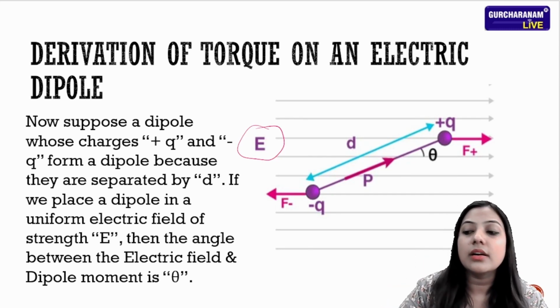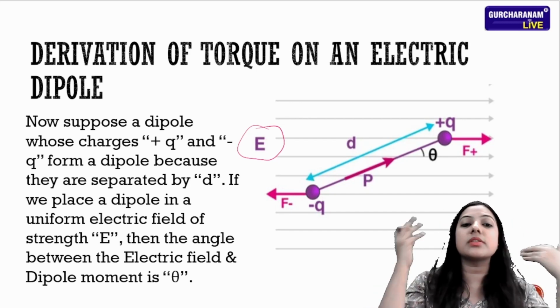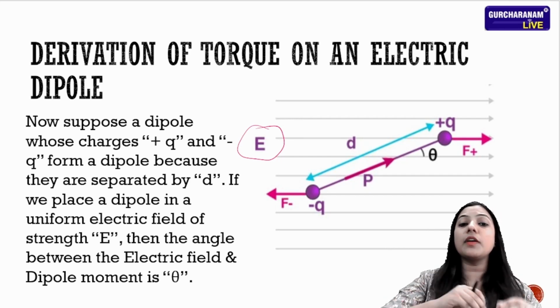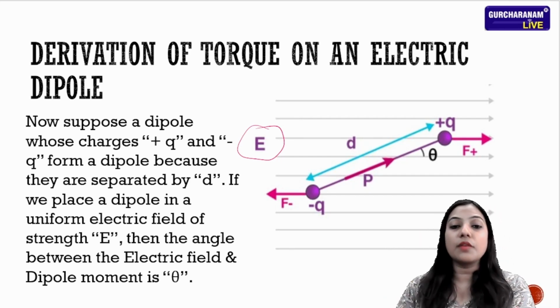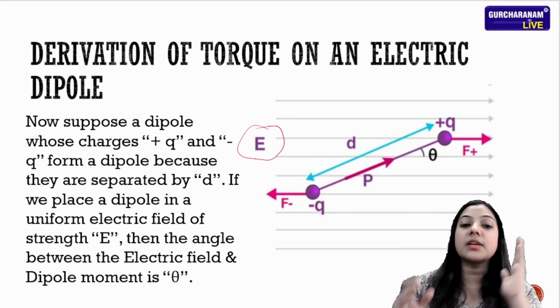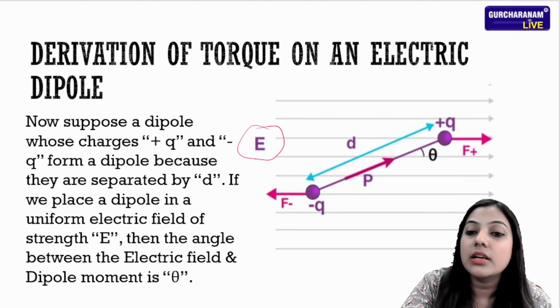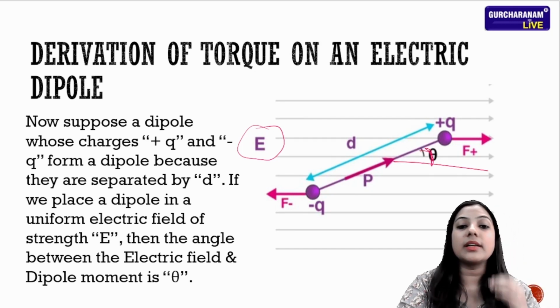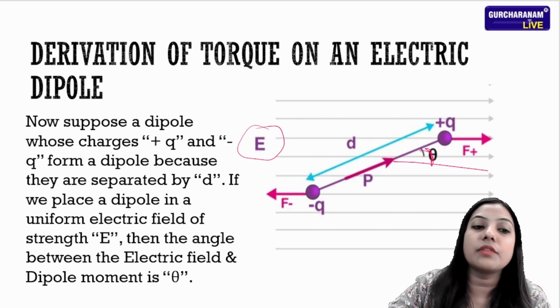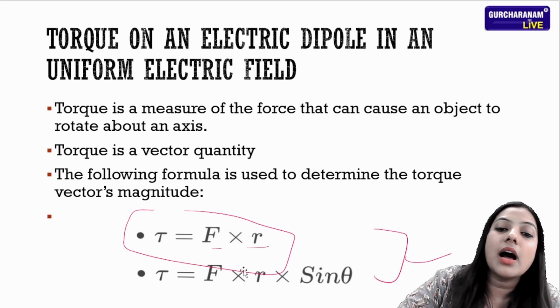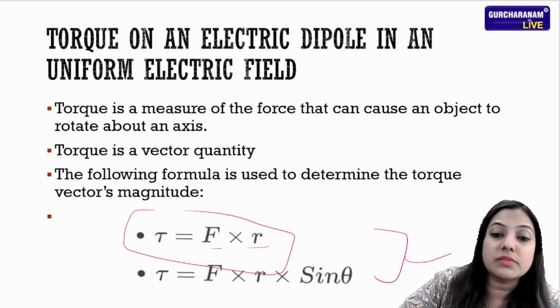What we are doing? Suppose charges plus Q and minus Q form a dipole because they are separated by distance d. And if we place this dipole in a uniform electric field of strength E, you can see the angle between electric field and dipole moment is theta. We know the formula of torque, which is tau equals r cross F, where r is the position vector and F is the force vector.